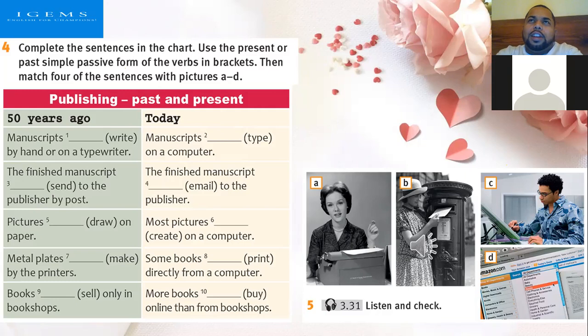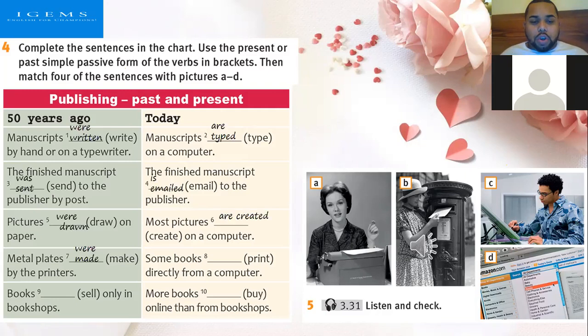Say that again one more time. More books were bought online and from bookshops. Is that correct? More books were bought online and from bookshops. That's right. Well done.